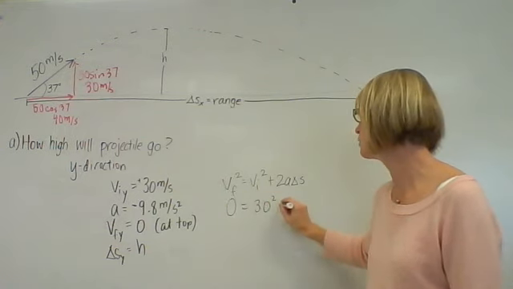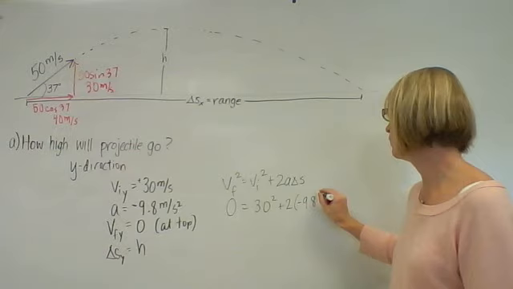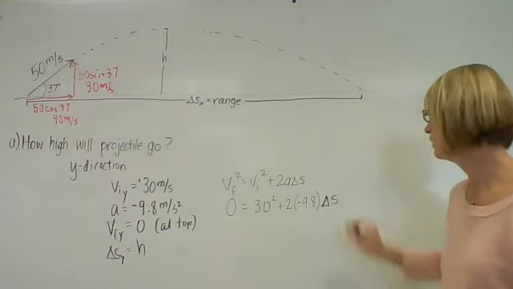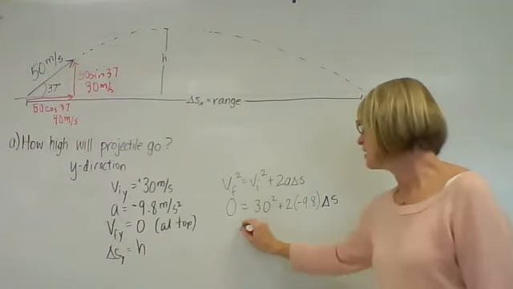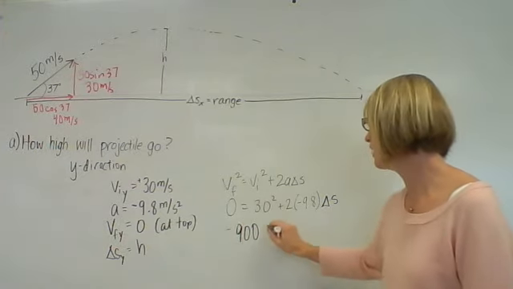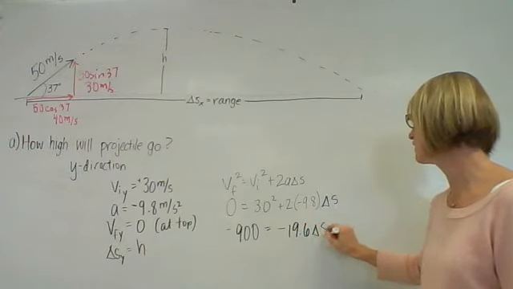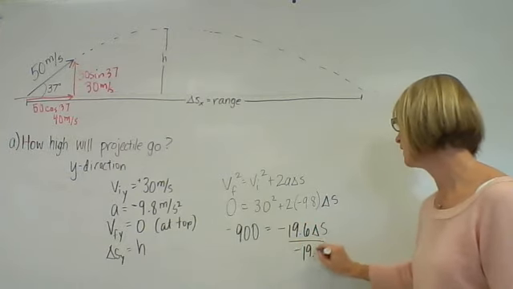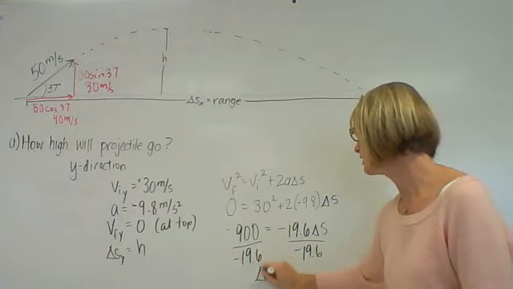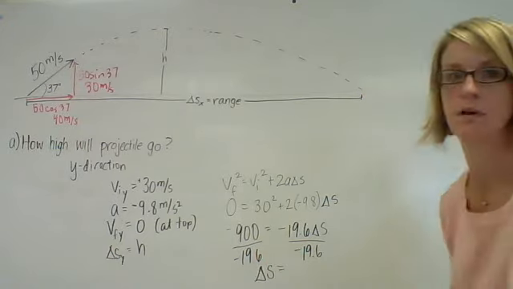We can do 30 squared plus 2 times negative 9.8 times delta S, which we don't know. 30 squared is 900. Moving it over to the other side, negative 900 equals negative 19.6 delta S, and divide both by negative 19.6. And delta S becomes a little over 45.